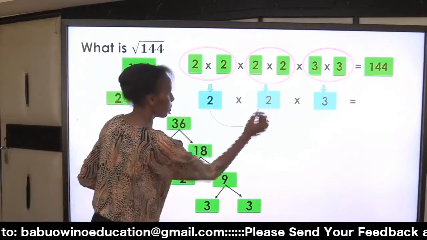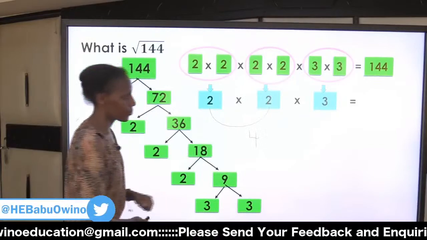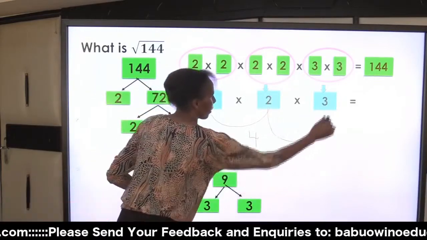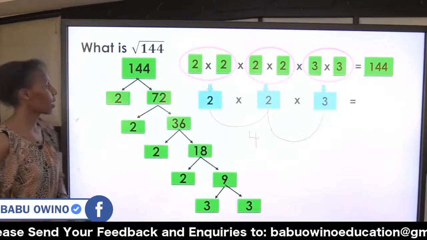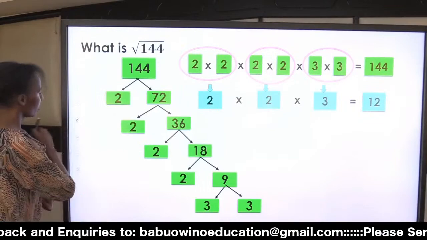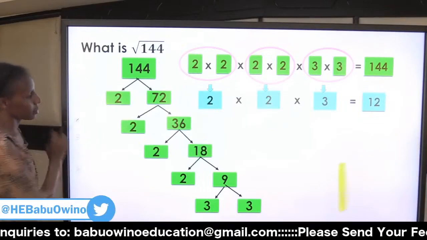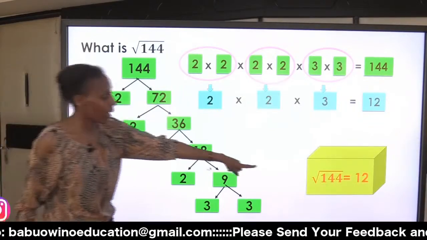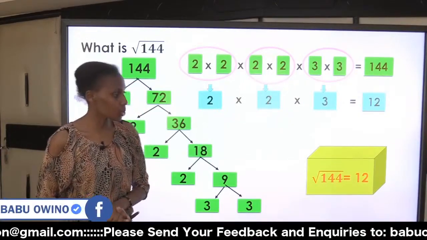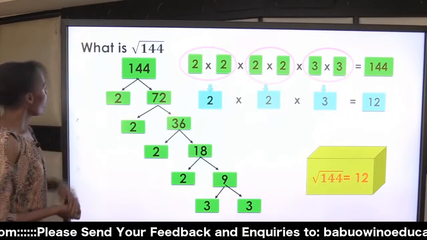So 2 multiplied by 2, I will get 4. Then 4, I further multiply by 3. What do I get? I get 12. Okay. So we can say that the square root of 144 is 12. Okay.